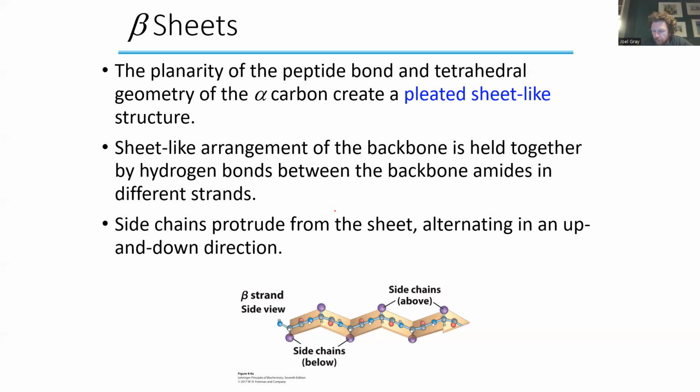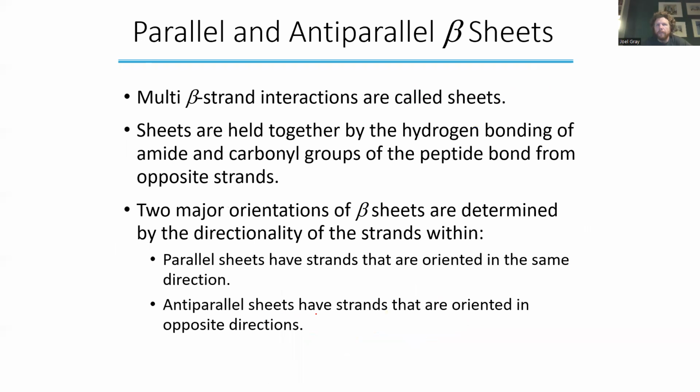Now, when you look at the bottom here, we have a polypeptide leading from N-terminus to C-terminus. This is one strand of a beta sheet. Beta sheets form two different configurations, anti-parallel and parallel, when multiple strands of a beta sheet align with one another.